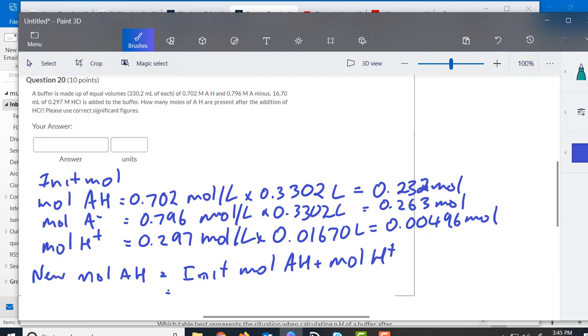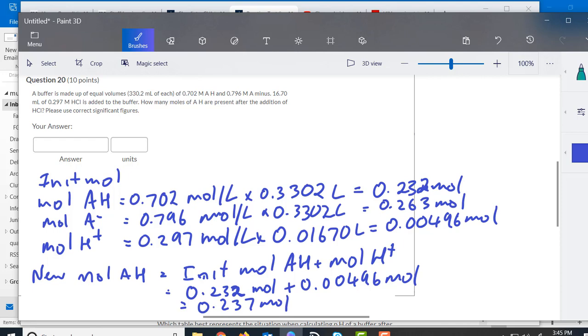And that's going to be 0.232 moles plus 0.00496 moles. And that's going to come out to be 0.237 moles.